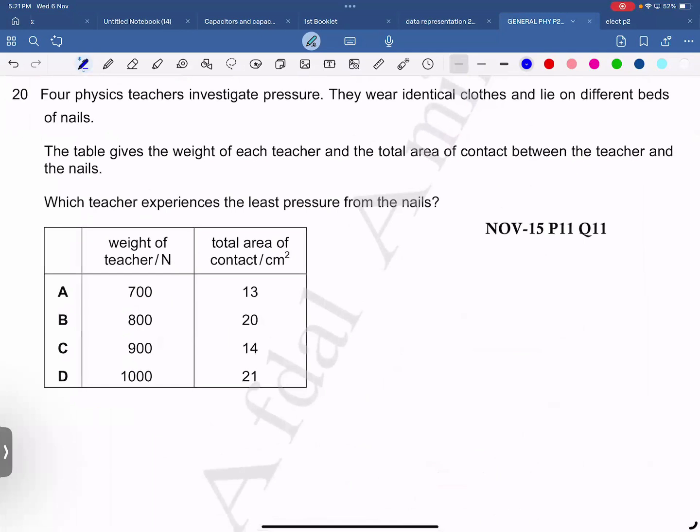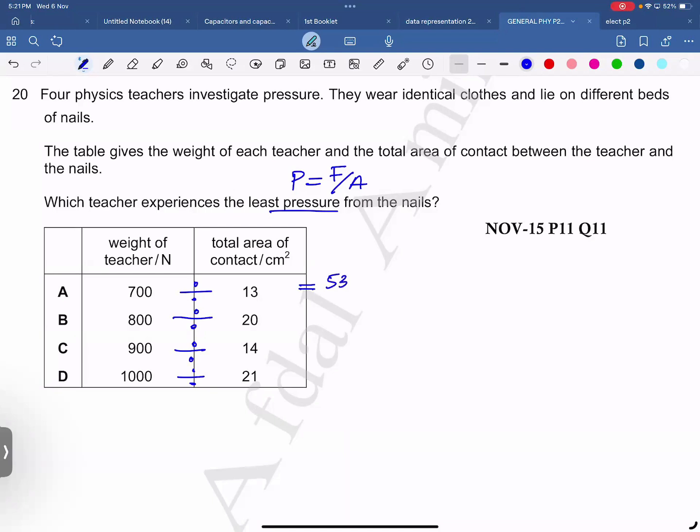4 physics teachers investigate pressure. They wear identical clothes and lie on different beds of nails. The table gives the weight of each teacher and total contact area. Which teacher experiences least pressure? Calculate. Pressure is force over area. First is 700 over 13, which is 53.